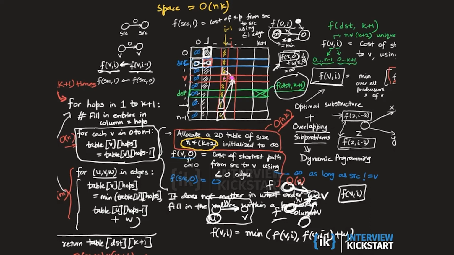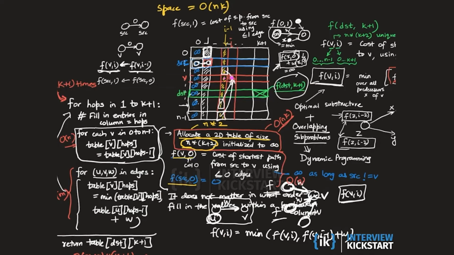The way we work with only 2 columns is by initializing only 2 columns. So when allocating a 2D table, we will allocate the table to be of size n times 2 instead of n times k plus 2. Let's have only 2 columns. We initialize column 0 to infinity except for the row corresponding to the source, so this doesn't change.